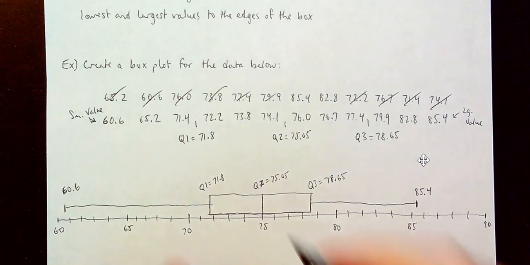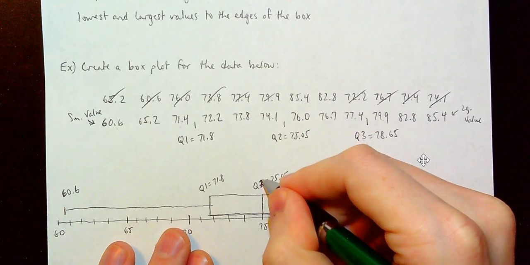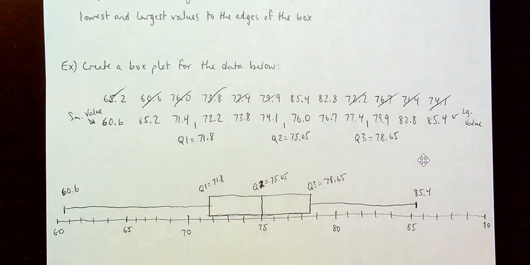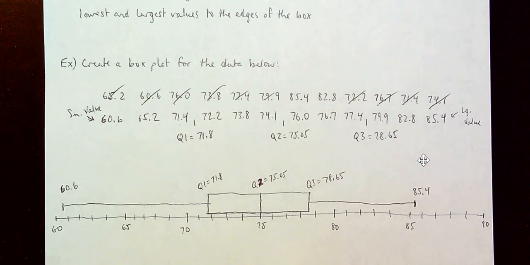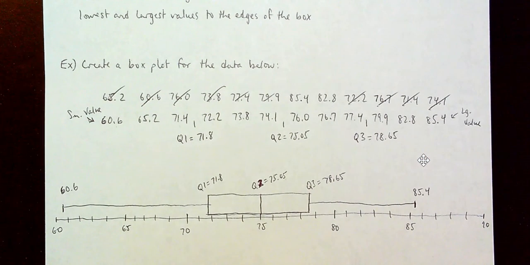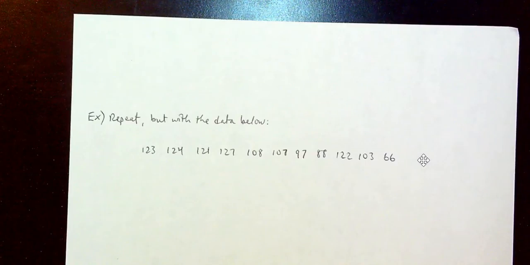It's not uncommon to see something like that as well. So maybe you see the values listed, perhaps you don't. So that was our first sample problem.